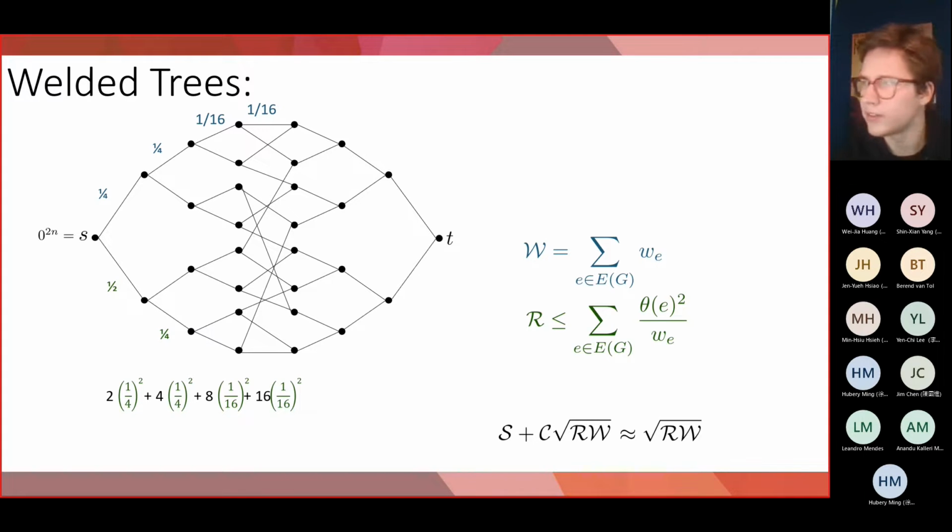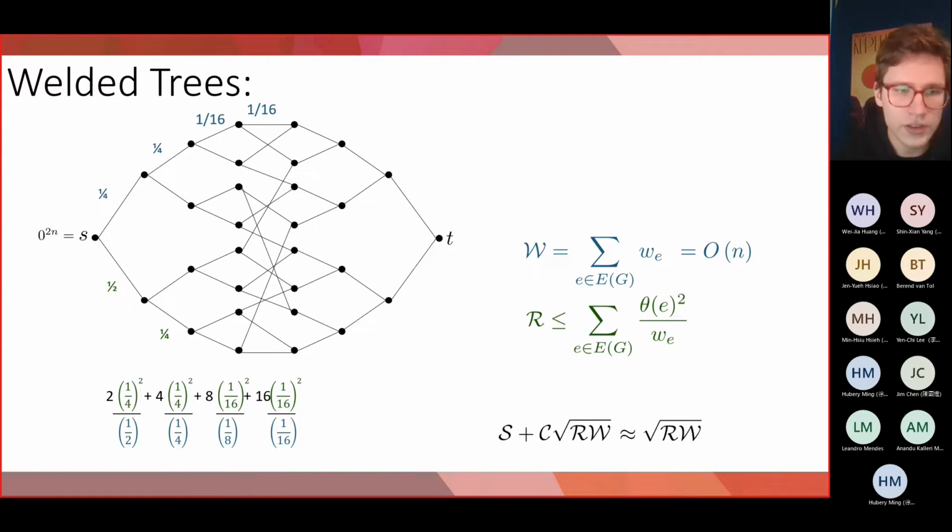And let's see how this affects our weight and our energy. So our weights will still be linear, because first we get 2 times a quarter, then we get 4 times a quarter, then we get 8 times a 16th. So we've even made the weight of the graph slightly smaller, so that's good. And if we check the energy, then we know that it's precisely the same as the weights.